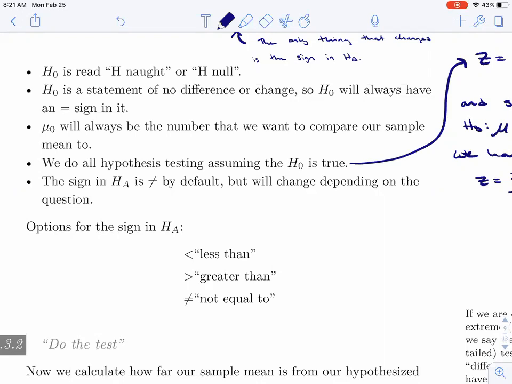So here, you're only concerned with one of the tails, and so we call this a one-sided or a one-tailed test. Here, the not equal to, you don't care which direction it's going in, as long as it's significantly different, then you've got a result.